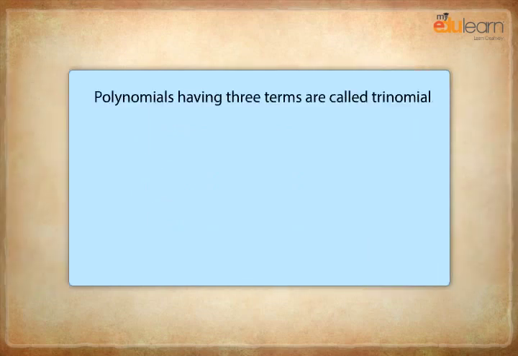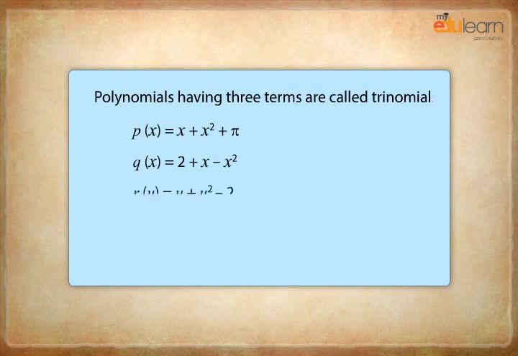Polynomials having 3 terms are called trinomials. P of x is equal to x plus x square plus pi. Q of x is equal to 2 plus x minus x square. R of u is equal to u plus u square minus 2, and t of y is equal to y raised to 4 plus y plus 5 are all trinomials.